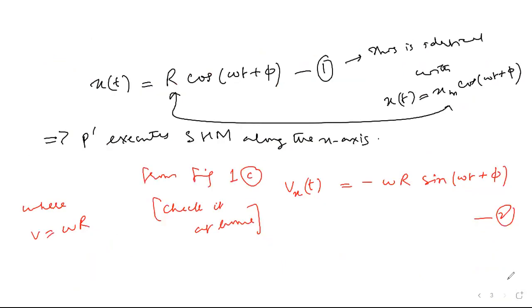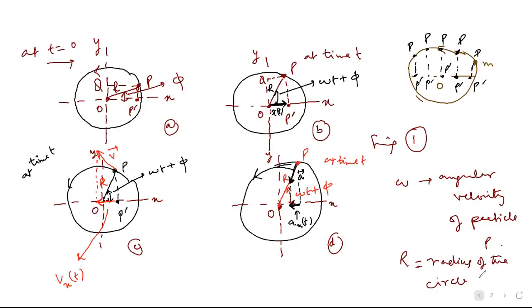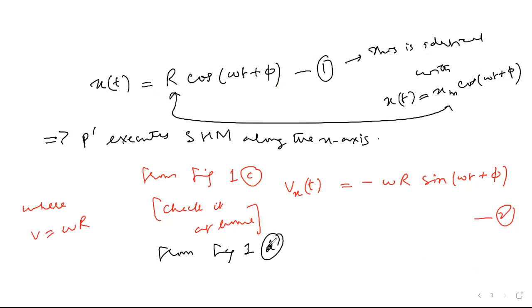And as I said, this ax of t will give me the acceleration of P prime, right? So from figure 1d, let me write it neatly. From figure 1d, this ax of t is equal to minus omega square r cos omega t plus phi.